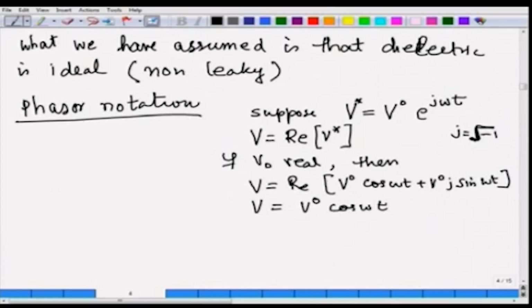So that is the AC voltage we have applied. This is the phasor notation. So we consider this as the voltage that we have applied.